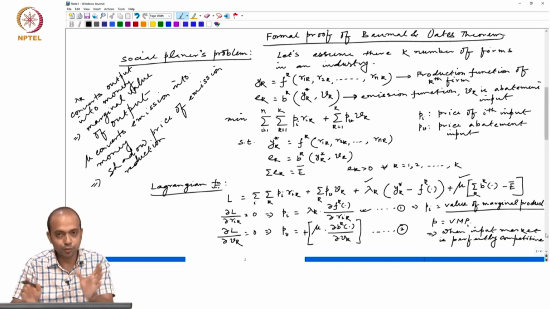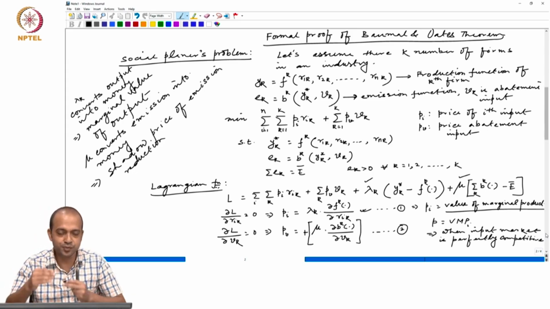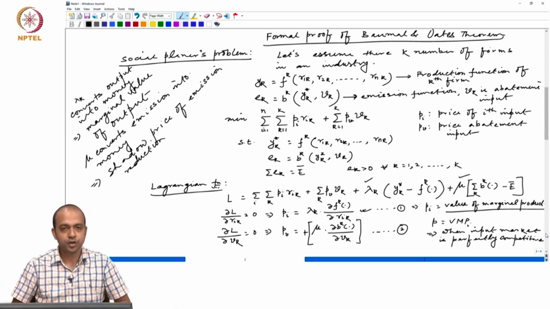So, we are talking about a competitive input market. That is where this entire story we can satisfy. If there is market distortion, we cannot actually get this resource cost minimization to achieve the social planner's objective of a targeted emission reduction.